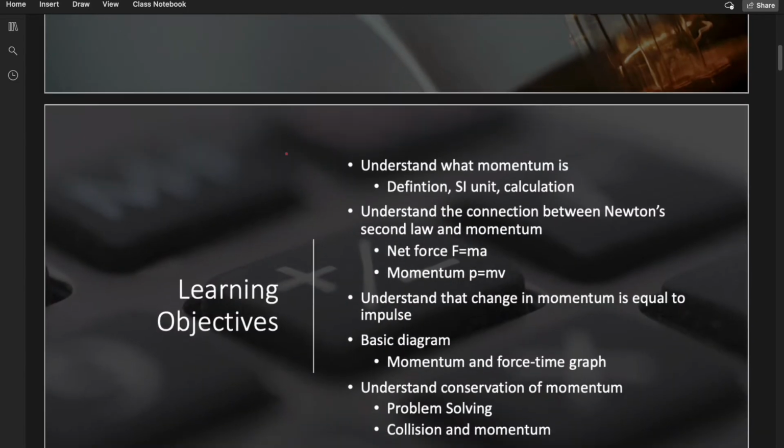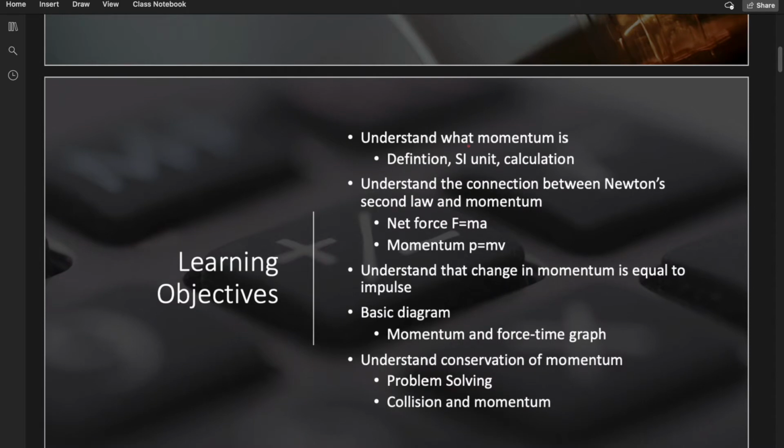So let's go to the learning objective for today. First of all, you need to obtain a basic conceptual understanding of what momentum is: definition, SI unit, and problems that involve momentum. And you need to understand the connection between Newton's second law and momentum. Newton's second law states that the net force F is equal to ma, where m is mass and a is acceleration.